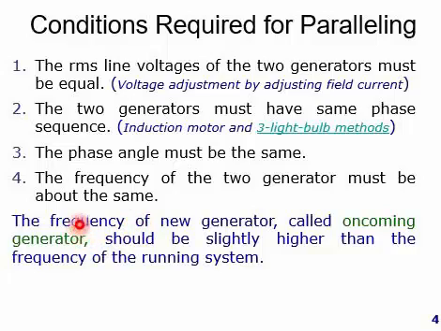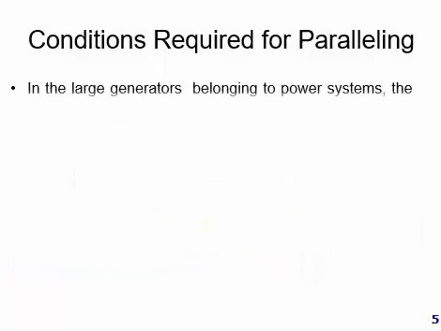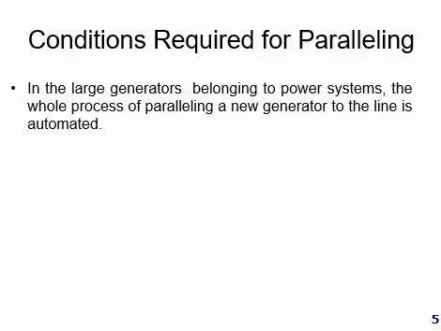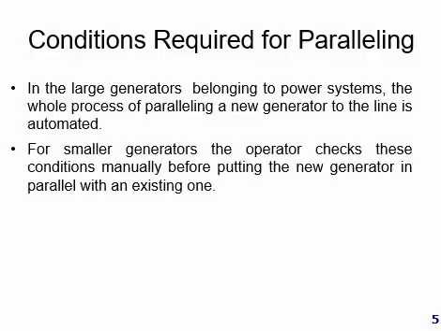Since the frequencies should be about the same, the frequency of the new generator, called the oncoming generator, should be slightly higher than the frequency of the running system. In large generators belonging to power stations, the whole process of paralleling a new generator to the line is automated.